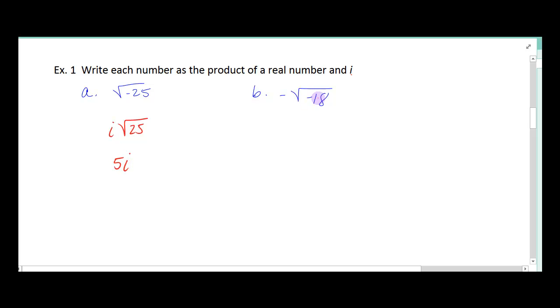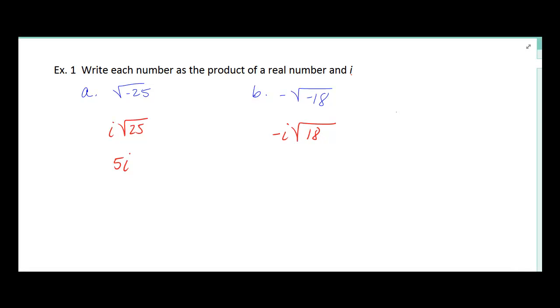So let's try that again over here. The negative of the square root of -18. So if we take care of the negative portion under the radical first, we get -i times the square root of 18. Now to simplify the square root of 18, you want to ask yourself, what are perfect square factors of 18?